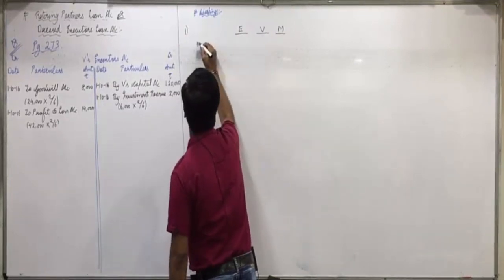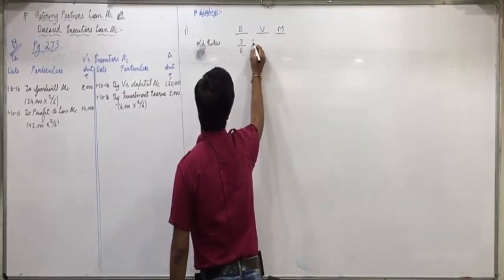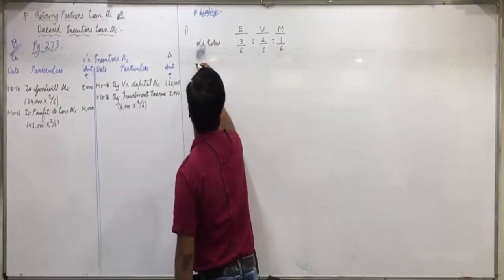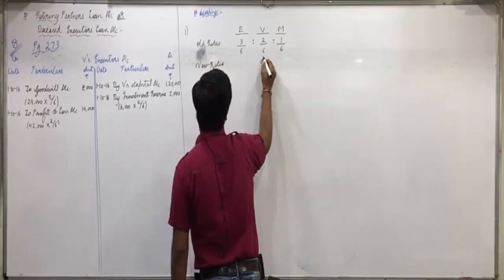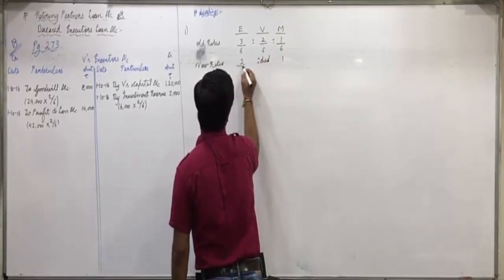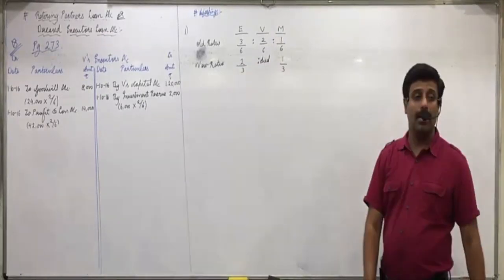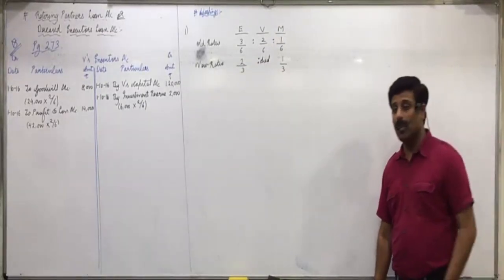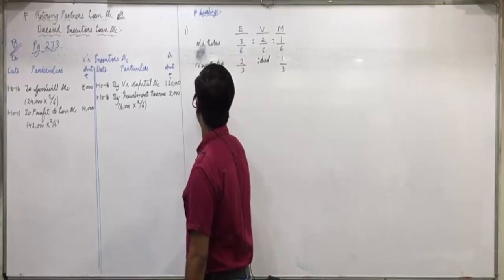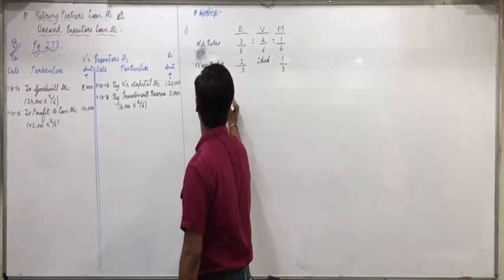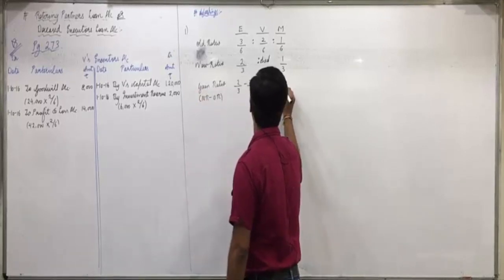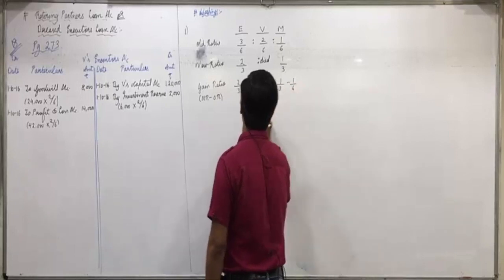The old ratio of E, M and V is 3:2:1. And the new ratio, since V has died, is 2:1, that is 2 by 3, 1 by 3. Understood, everyone? Now, gain ratio equals new ratio minus old ratio. So 2 by 3 minus 3 by 6, 1 by 3 minus 1 by 6.